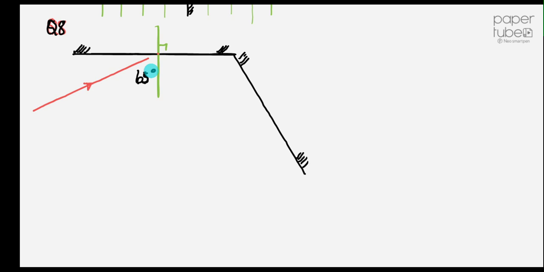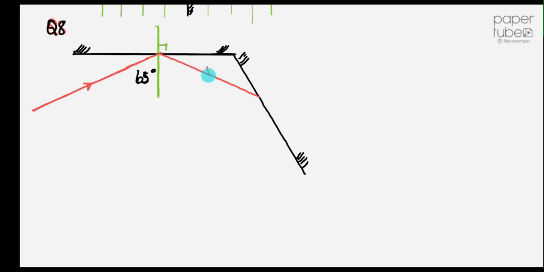Now it's going to bounce off at 65, so I take my protractor and I measure 65. It's going to bounce off at 65 to the other mirror.